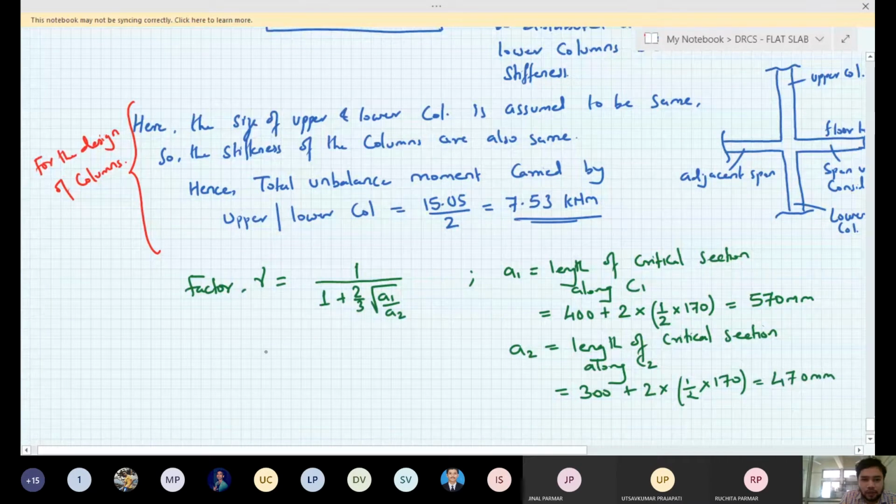Okay, you substitute these values, 1 plus 2 by 3, that is 570 by 470. So how much is this value?